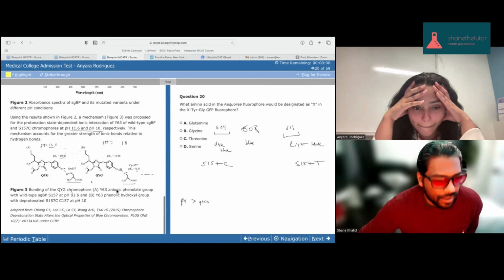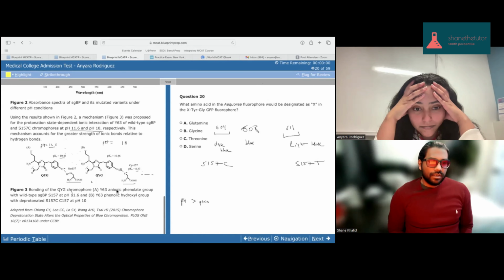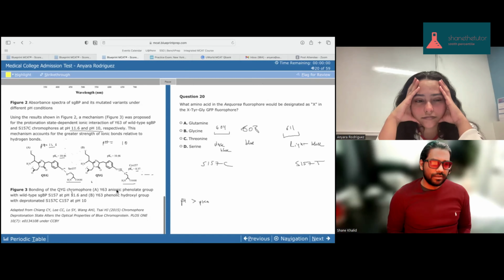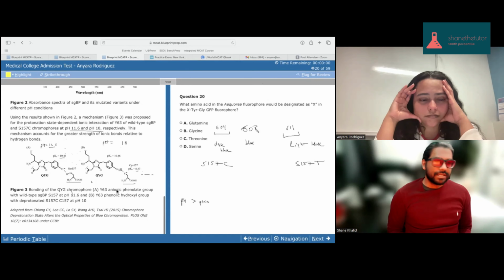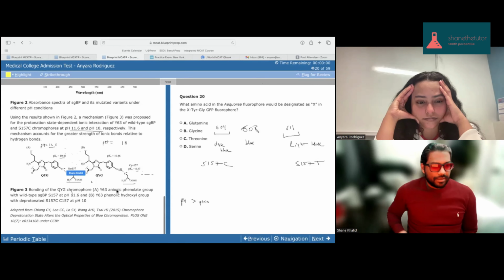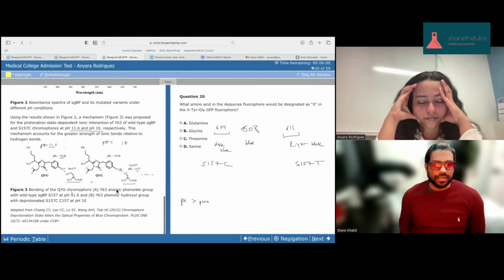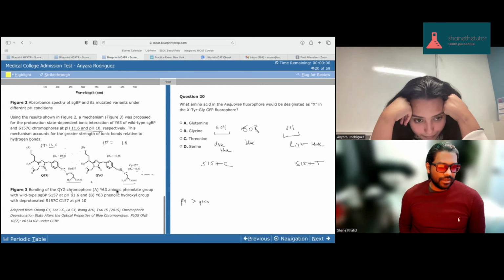Okay, so let's see. The serine can hydrogen bond. Well, technically it's an ionic interaction because of this negative charge here, between the QYG chromophore and the serine molecule.